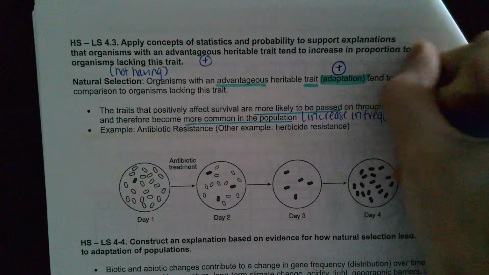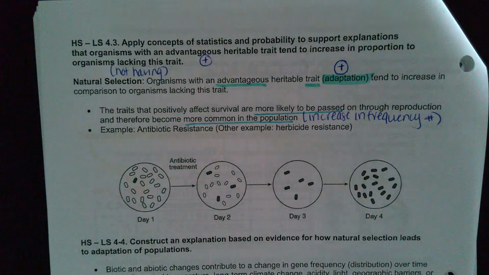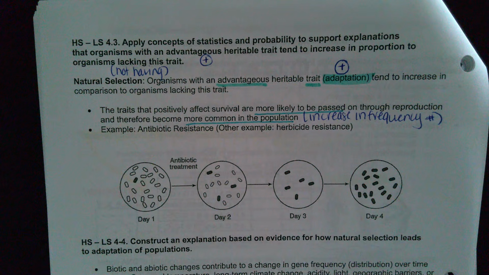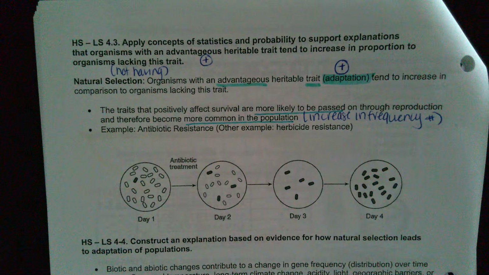An increase in frequency just means number. Over here I have an example. They will most likely give you an example that your teacher has not gone over. So it'll be up to you to look at the evidence and bring in that background information about natural selection.